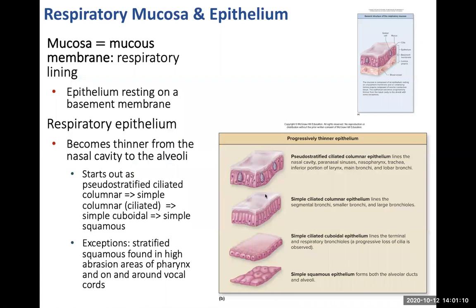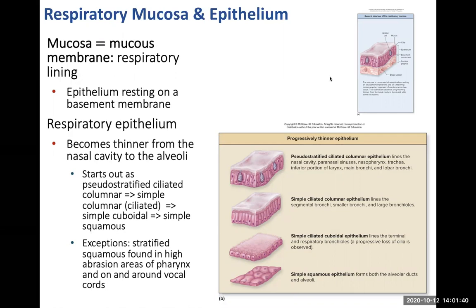Okay, so as we make our way down the respiratory tract, one thing that is very apparent is that there is a change in epithelial tissue, right? All of the structures in the upper respiratory tract and many of the structures in the lower respiratory tract, in fact, are lined with pseudostratified columnar epithelial tissue.